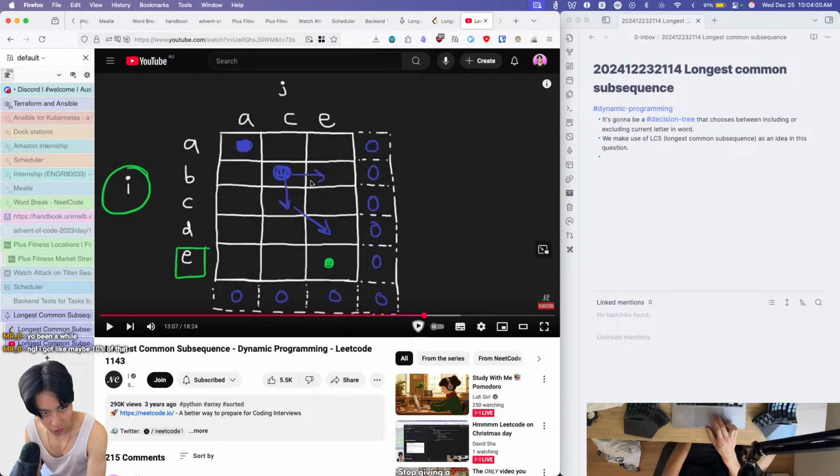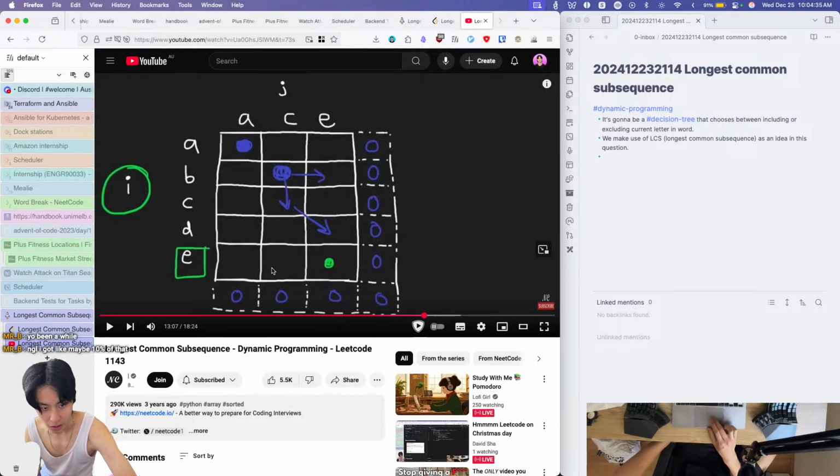Then he would say, okay, since C and E aren't the same, we have to look at the bottom here and the one across from us. Looking at these two, because this was already found from before, we can use this value. So this was 1 and this was 0. Take the max of the two and you return that here. So this 1 gets put right here into the CE and E subproblem.